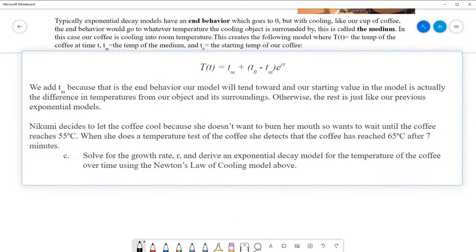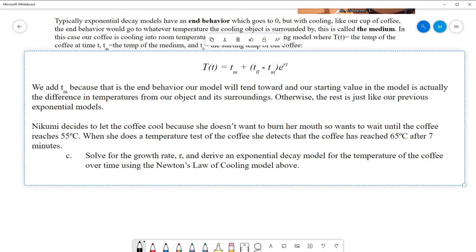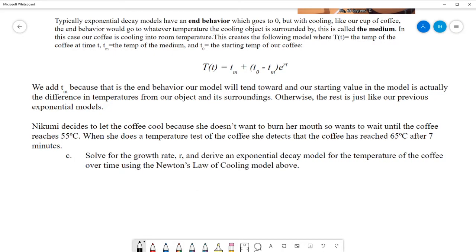So guys, this is Newton's law of cooling right here. T of t equals T sub m plus T sub naught minus T sub m, times e to the rt. Using these subscripts is super mathy, but it's okay, guys. We can break it down. The idea is that T of t is the temperature over time, right?